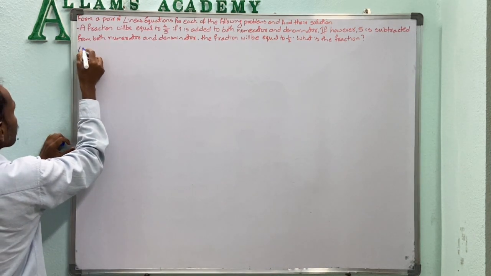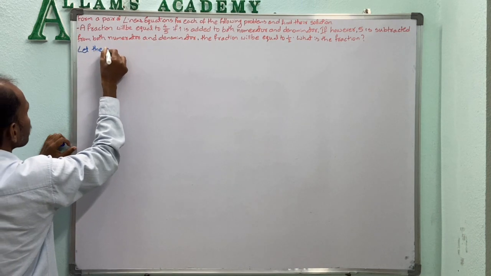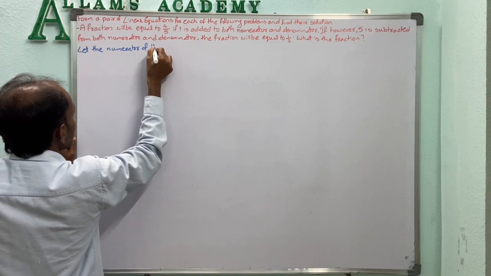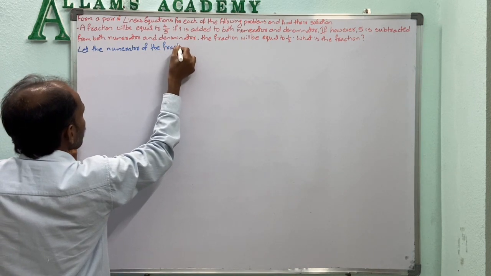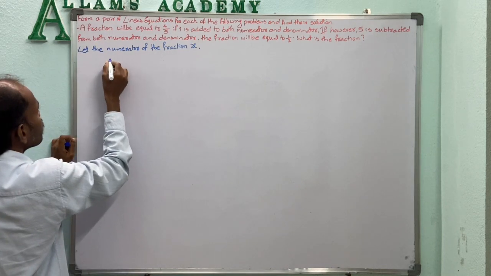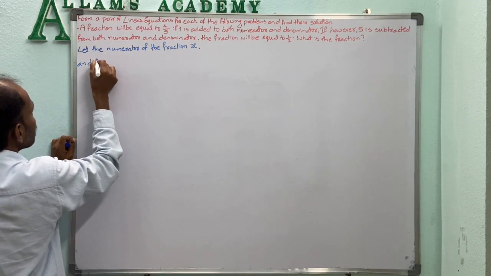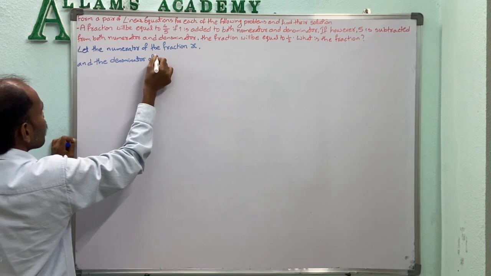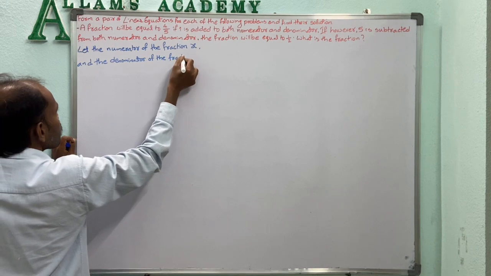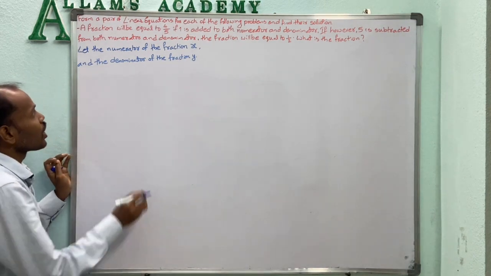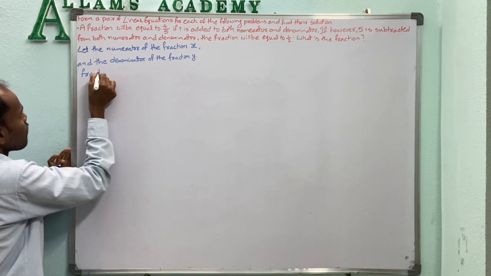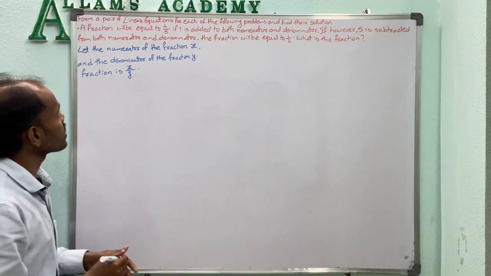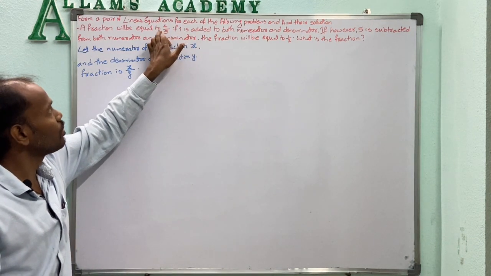So let the numerator of the fraction be x and the denominator of the fraction be y. Now the fraction is x by y.